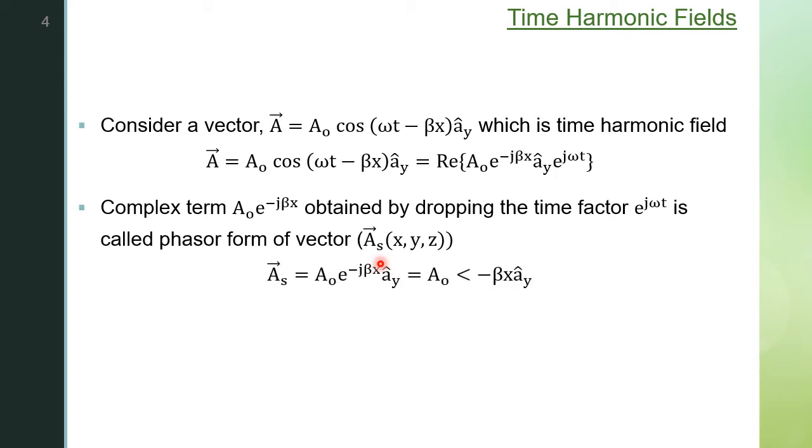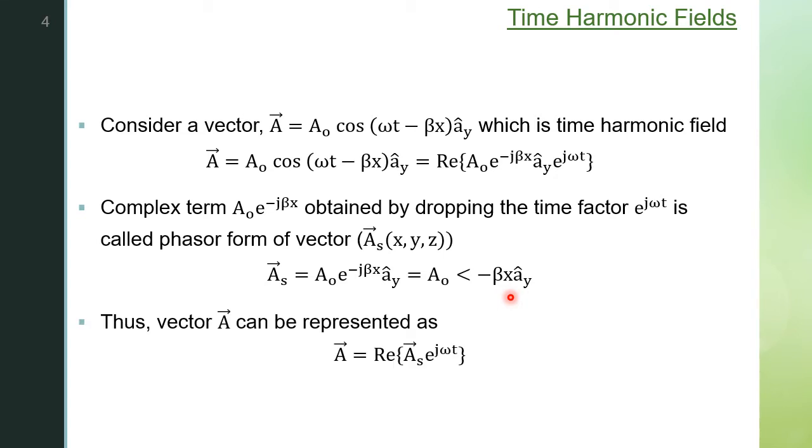Thus, vector As can be written as A naught e raised to minus j beta x ay cap, that is, the factors other than e raised to j omega t. So it will be A naught, the phase angle is minus beta x, and it is in the direction ay cap. Thus, the vector A can be represented as the real part of As e raised to j omega t.